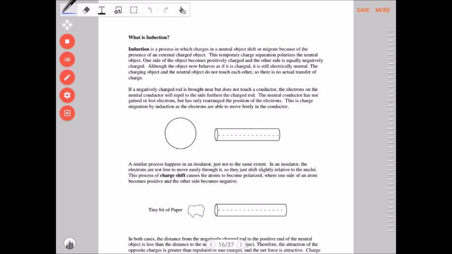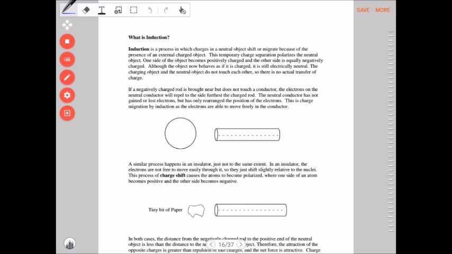Okay, one side of the object becomes positively charged and the other side is equally negatively charged. Although the object now behaves as if it's charged, it is still electrically neutral. No electrons have transferred yet. The charging object and the neutral object do not touch each other, so there is no actual transfer of charge.